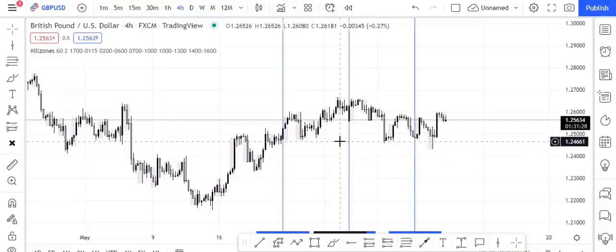Number 3 is previous day's high, previous day's low. Number 4, previous week's high, previous week's low. Number 5, previous month's high, previous month's low. And number 6, previous year's high and previous year's low. But the previous year's high and previous year's low mostly is applied to position traders. I just want you to know that.